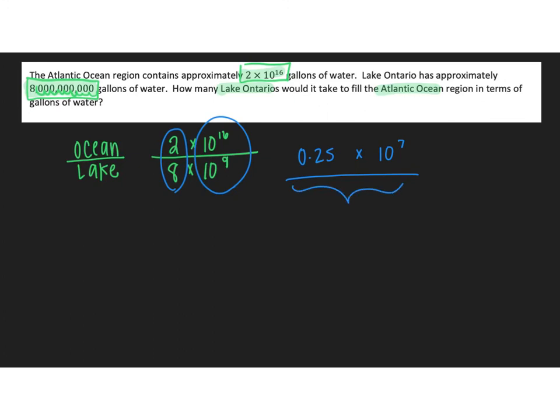So if we're doing 7 times, we're going to be moving this 7 times to the right. 1, 2, 3, 4, 5, 6, 7. And then our decimal point will go there, so it's 2, 5, 1, 2, 3, 4, 5, 6, 7. And that would be our final answer here.